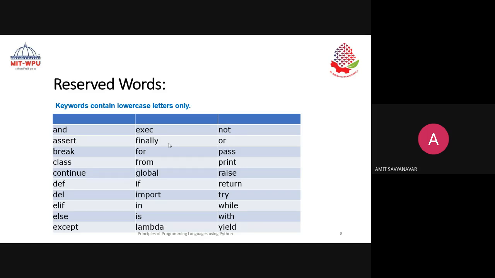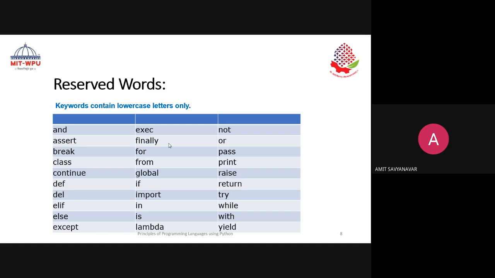In that case, you can mention the reserved word pass. It's kind of a filler, or a placeholder, so that the interpreter will not raise an error saying that there are no statements under if. So in order to get rid of that error, you can make use of this pass keyword.